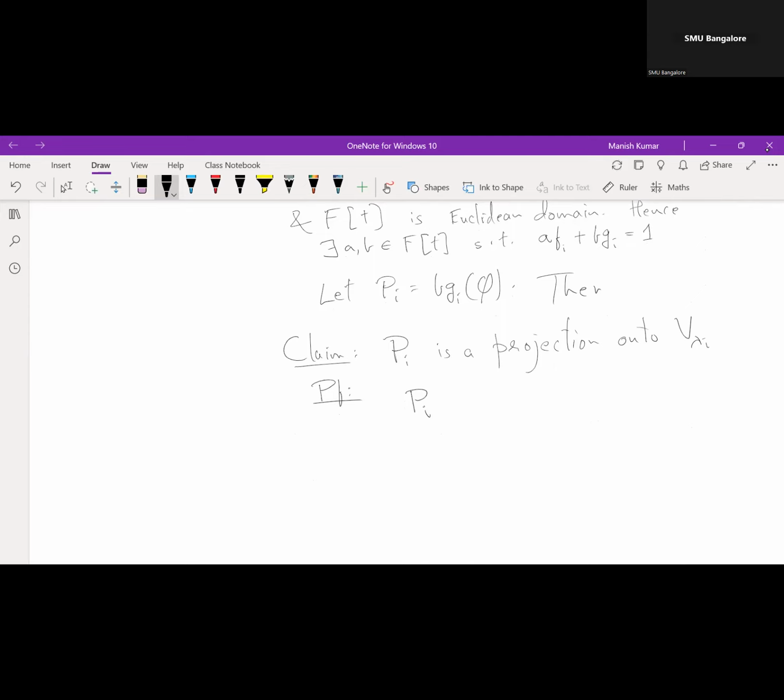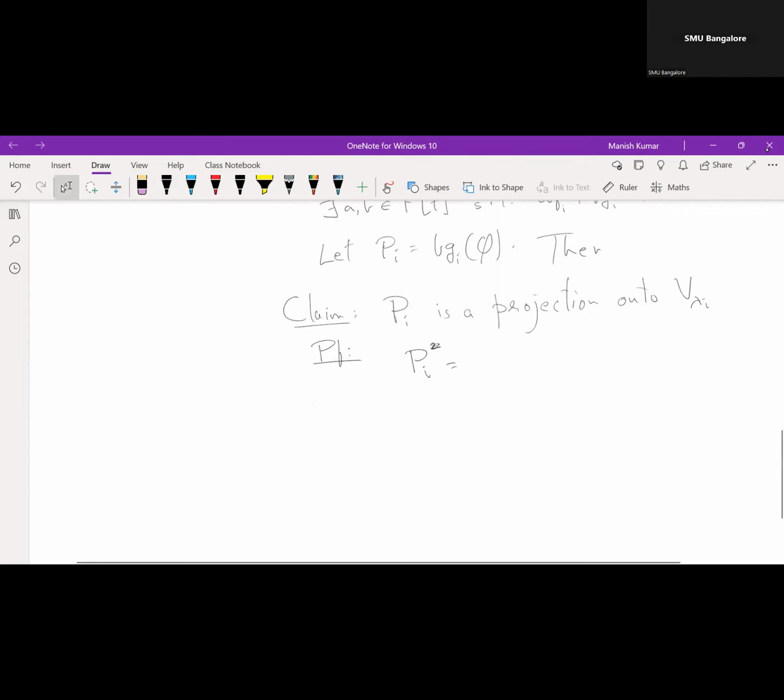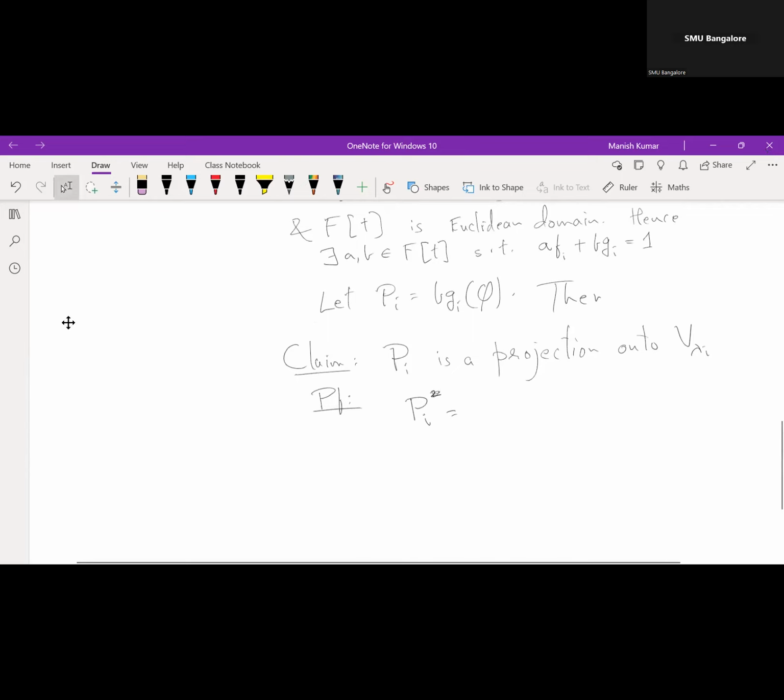That is all we have to check. So pi square is pi compose pi.